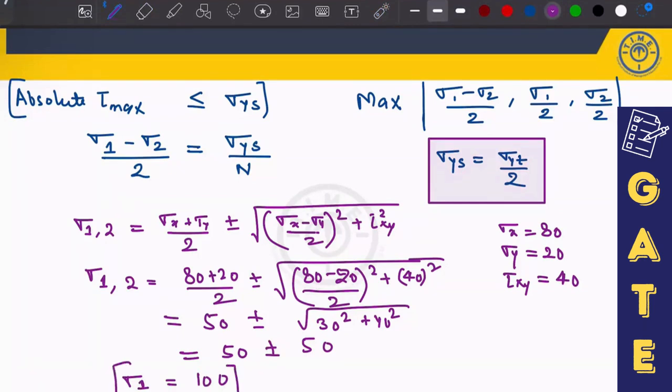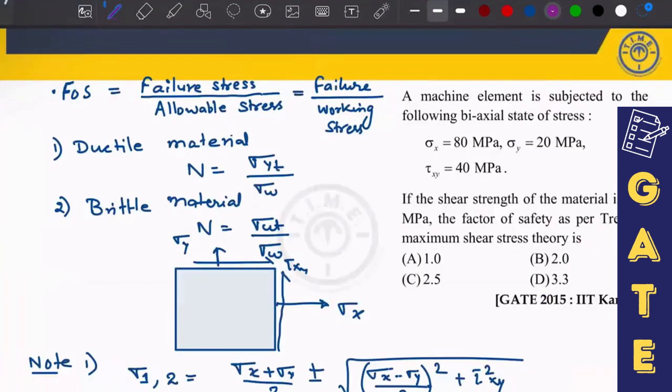From here, if you calculate sigma 1 minus sigma 2, what is this? 100 divided by 2, which is equal to the yield strength they have mentioned. Now they have mentioned it as a shear strength, so there is no problem. For example, I'm talking about the possibilities of how the question can be framed.